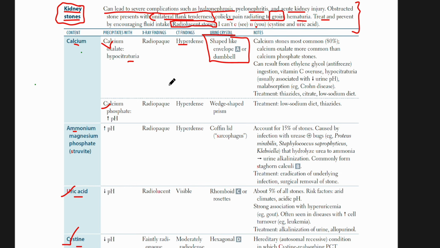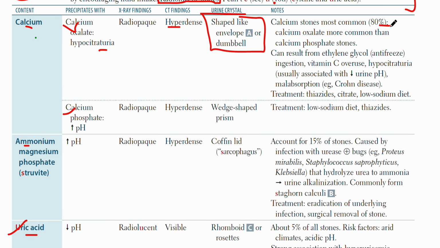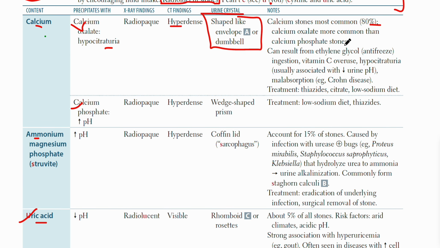Calcium stones are the most common, in 80% of cases, and calcium oxalate stones are more common than calcium phosphate stones. They can result from ethylene glycol, that is antifreeze ingestion, and also vitamin C overuse. Hypocitraturia is usually associated with decreased urine pH.